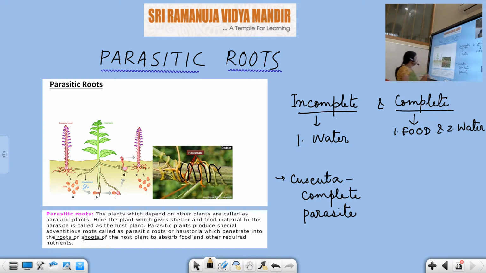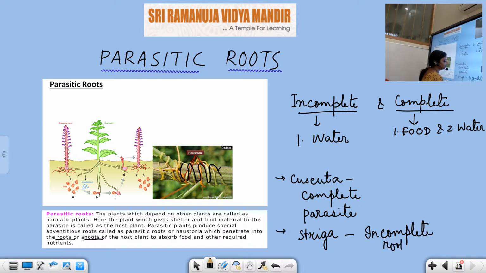And this is another plant, Striga. Striga is an incomplete root parasite. How can you say that it is incomplete?